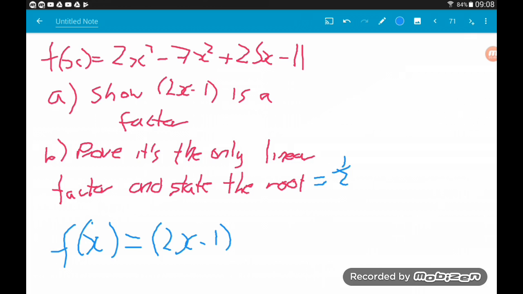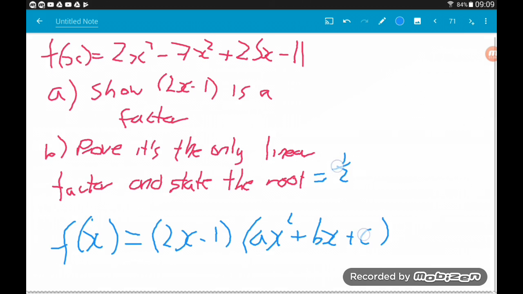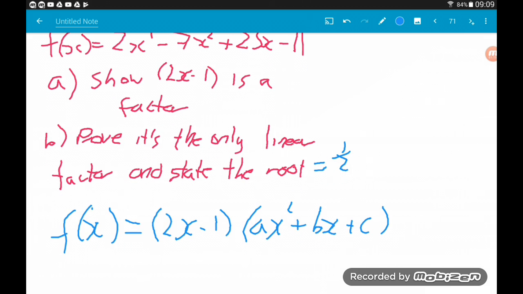So we've got 2x minus 1 lots of ax squared plus bx plus c, like that. Now we can work out a quite easily. We've got 2x cubed in f of x. When we expand this out, we're going to get 2x times ax squared, which would give us 2ax cubed.